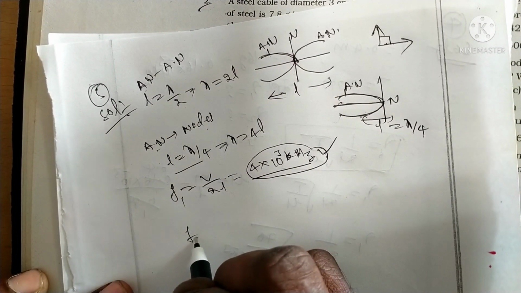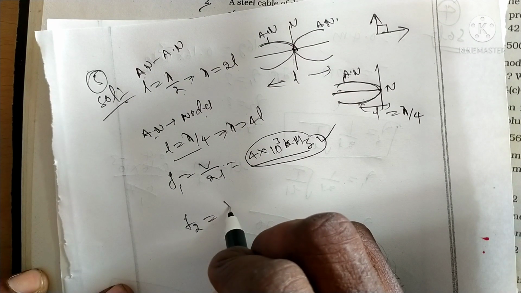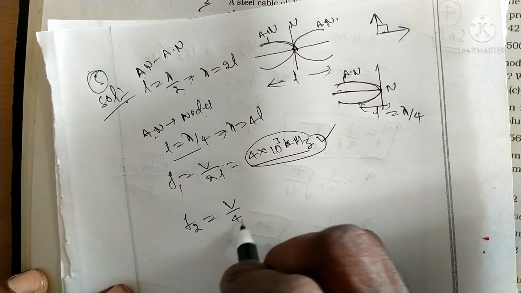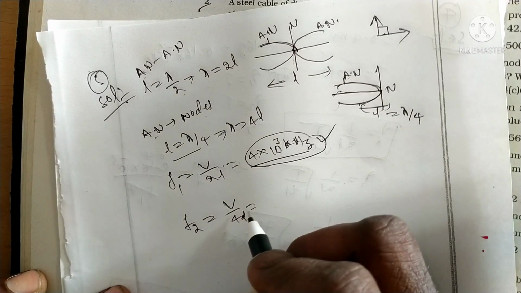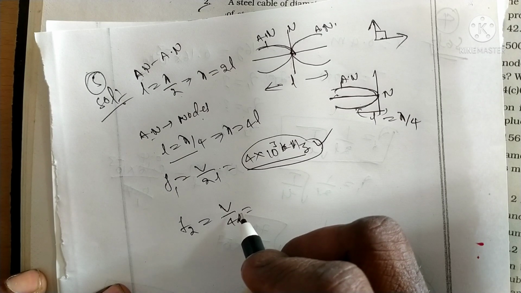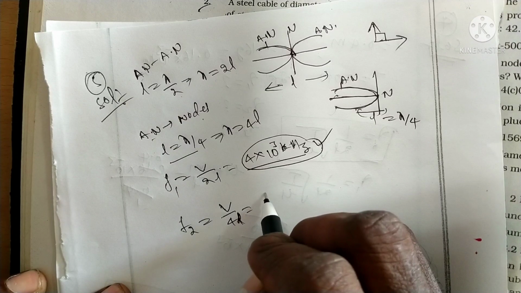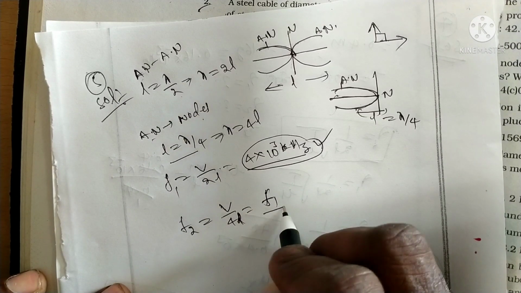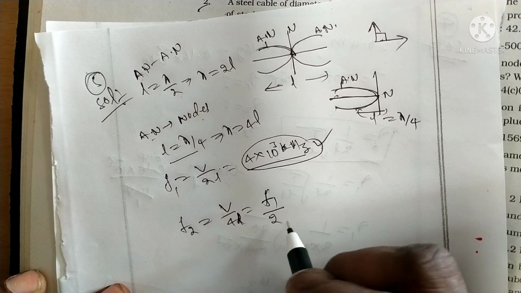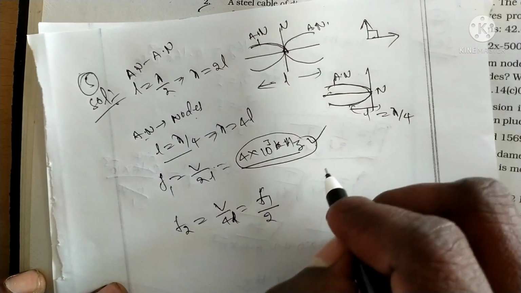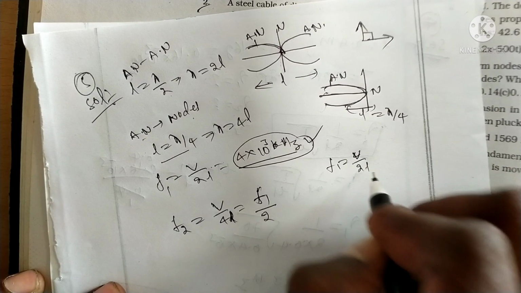That is one frequency. The next frequency is V by 4L, or F1 by 2, since F1 is equal to V by 2L.